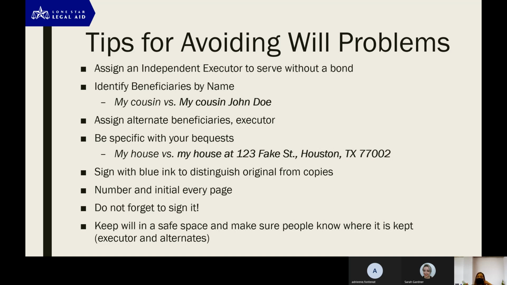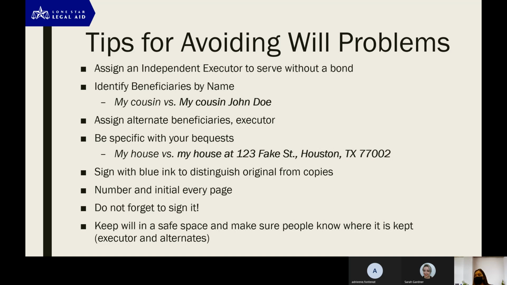You want to be able to identify which of your cousins. So for example, instead of writing my cousin, you want to write my cousin John Doe. It's also a good idea to assign alternate beneficiaries and an alternate executor. This is in case your executor does not want to serve or if they predecease you.